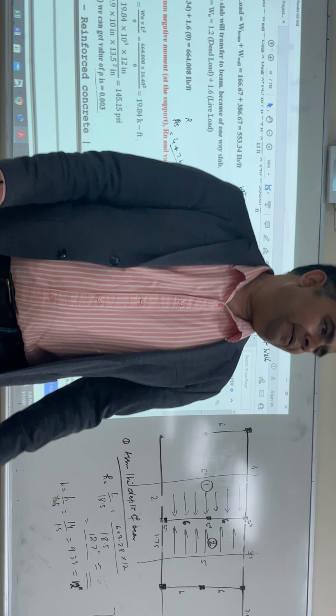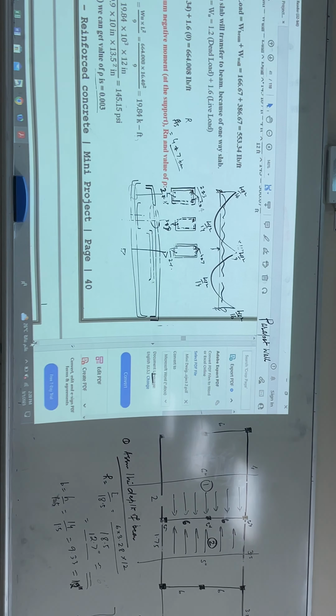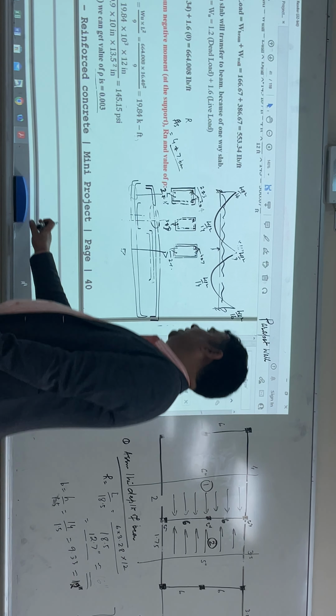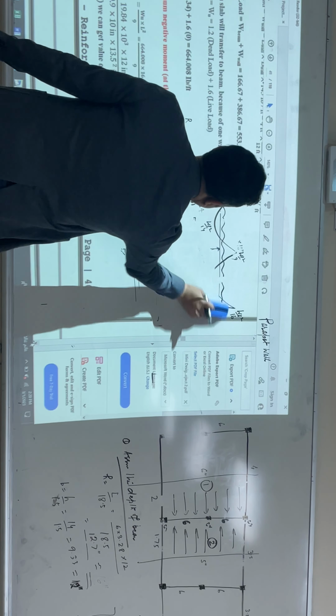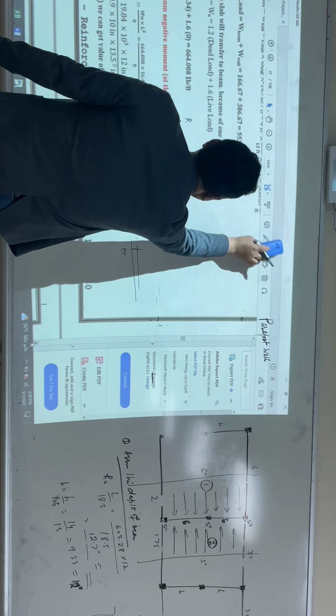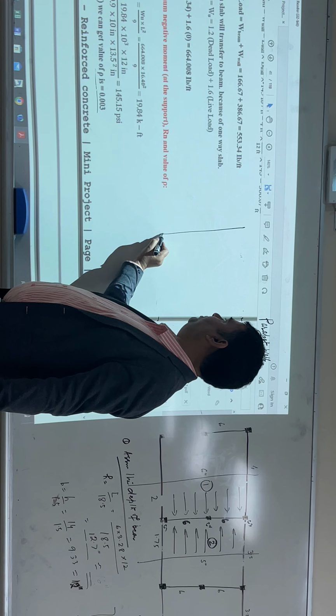Sir, I have a question. If we don't have a column at the last one, how would it be in the middle? So the span will be 12 meters, and the moment will be different. Suppose this is your beam here.